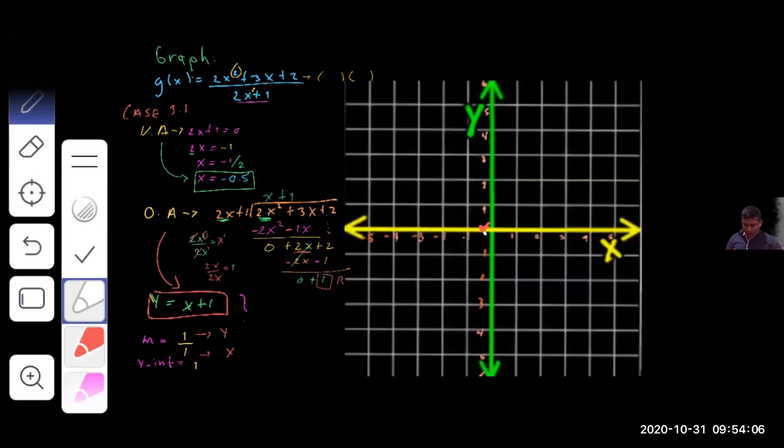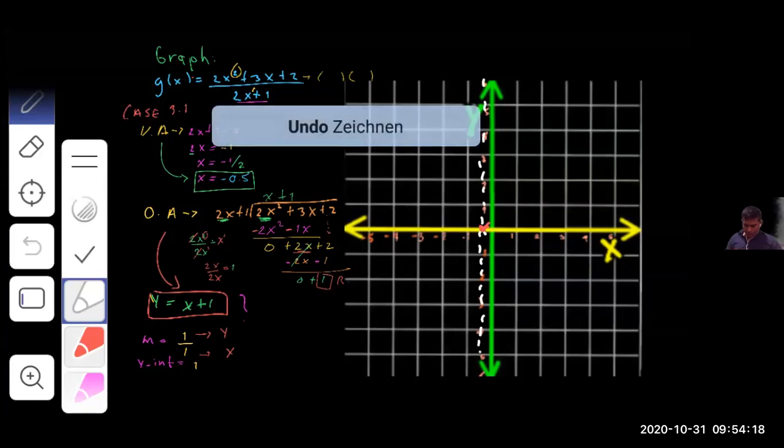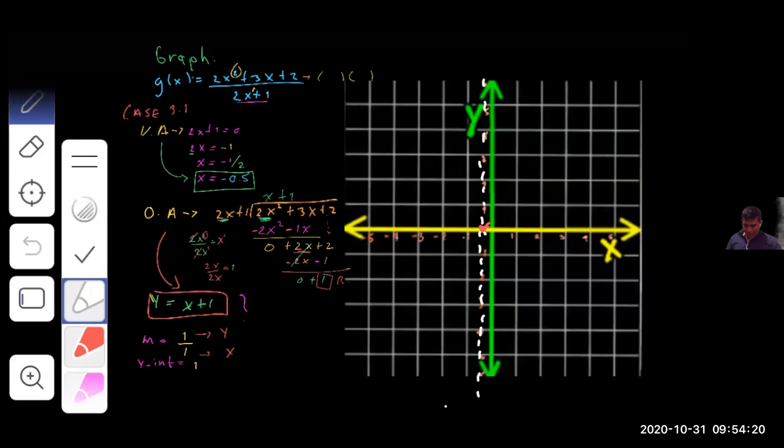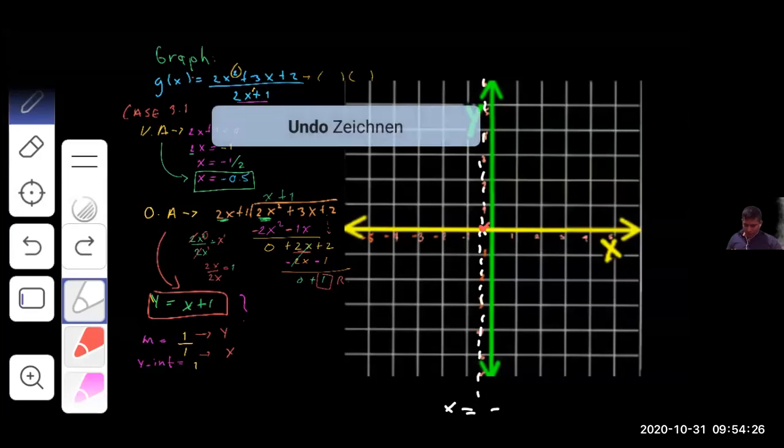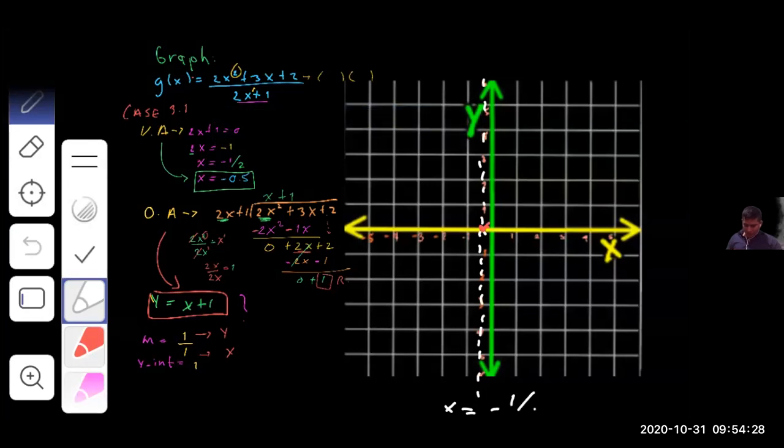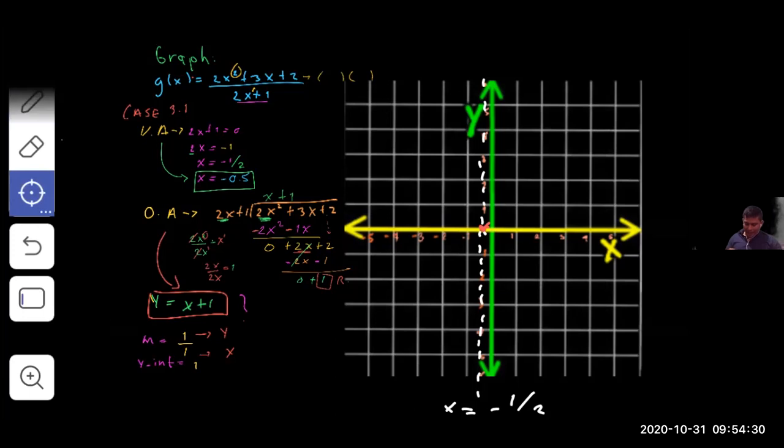Let me see if I can do it. Something like this: x equals negative 1/2. That is the value. That is my vertical asymptote, guys.